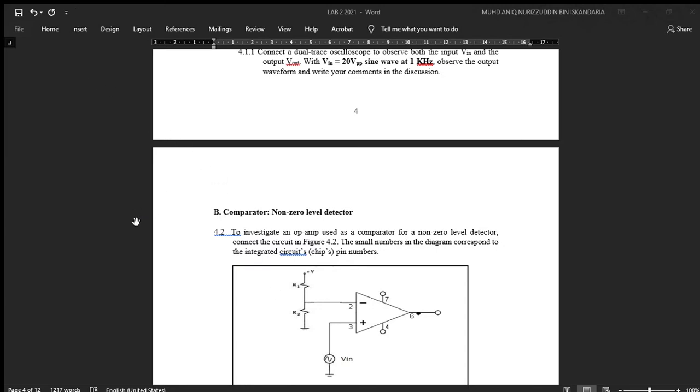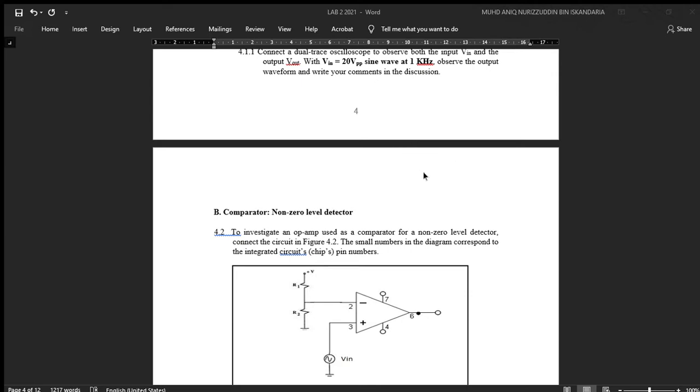This is the circuit for the zero level comparator. Whenever the voltage reaches zero, the output is produced, which is amplified, and it brings out new waves, which are the square waves here.